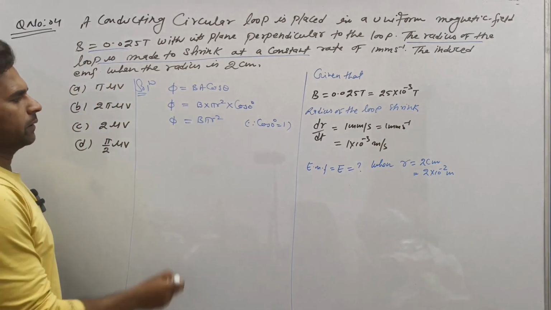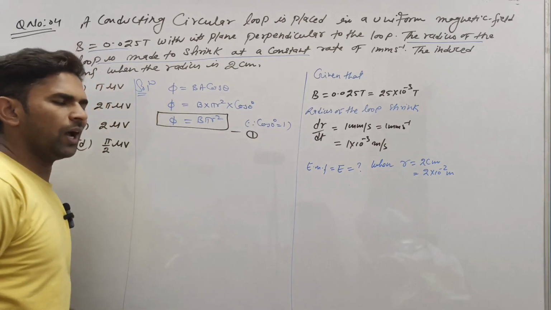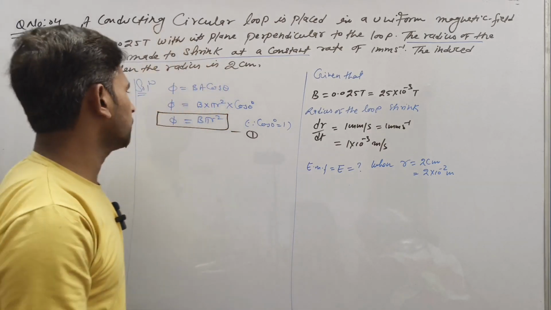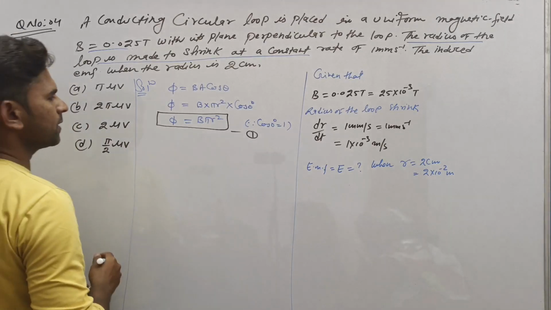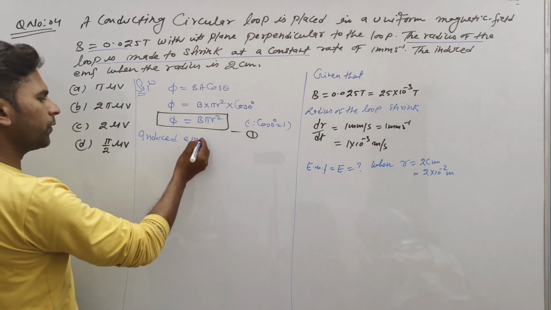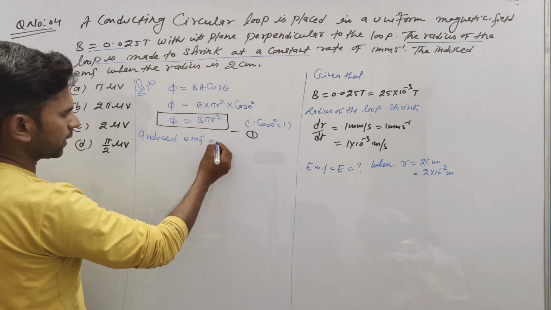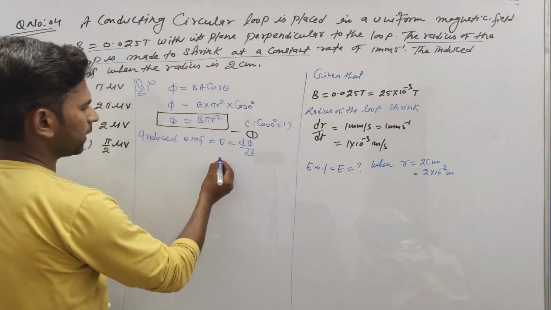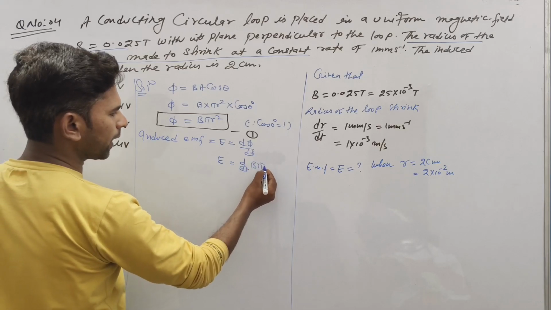So this is the formula of magnetic flux for this question, but you need to find induced EMF. How can you find induced EMF? When you make a change in magnetic flux. So you can consider induced EMF E is equal to d phi upon dt. Now you can write E is equal to d by dt of B pi r square.